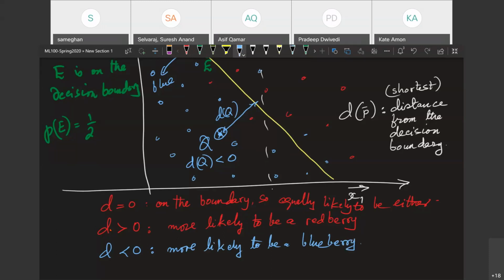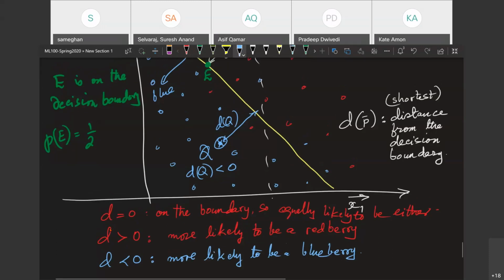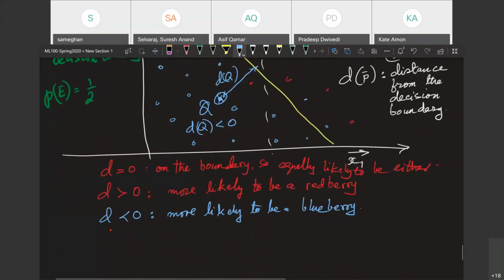So in other words, we have come up with a way to classify. Use this distance function. This is an important observation.